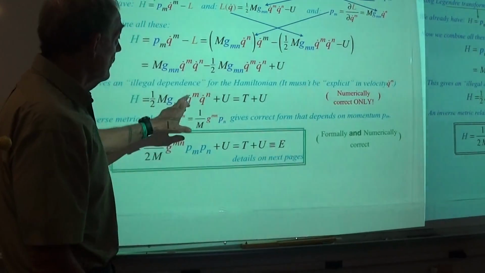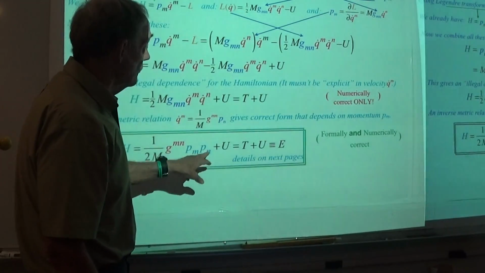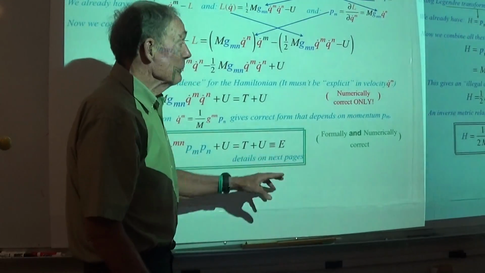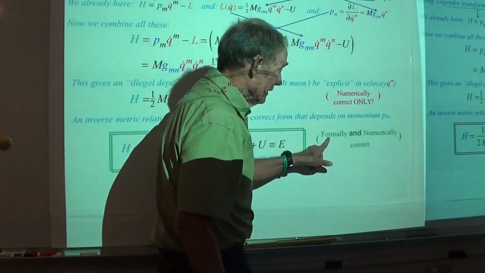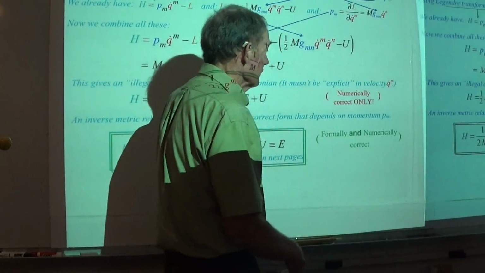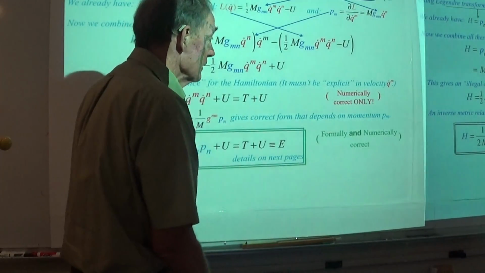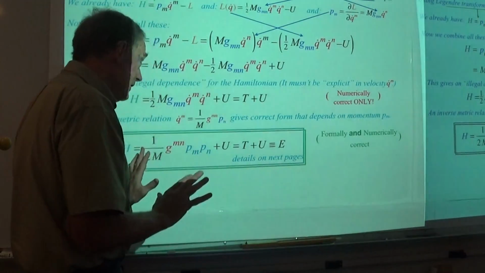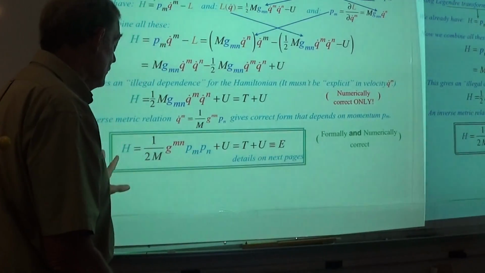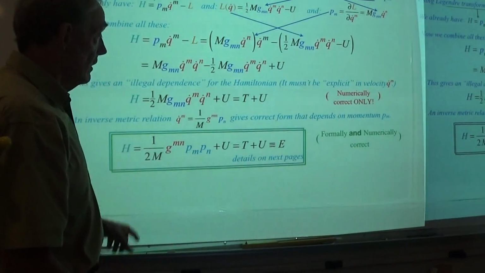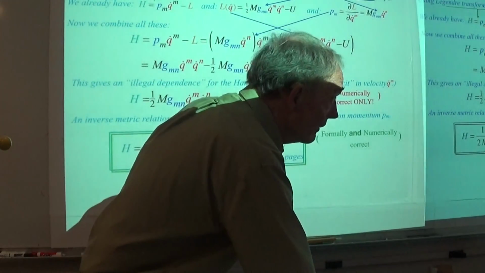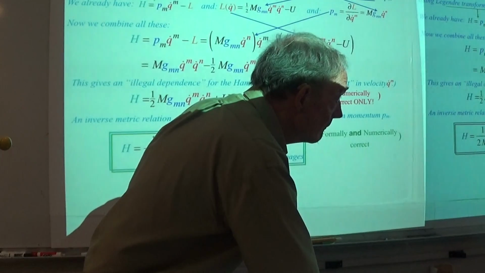So I can replace these velocities here with something that involves momentum. And the details are on the next page here, but this one is both formally, that is differentially, and numerically a correct equation. This one's true numerically, but misleading, because the important dependency of momentum is really key to using a Hamiltonian.